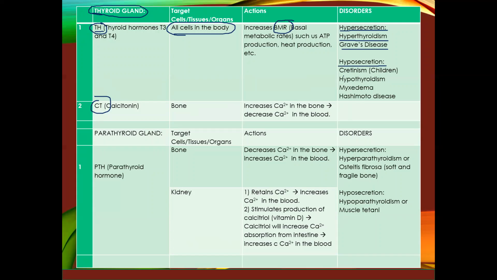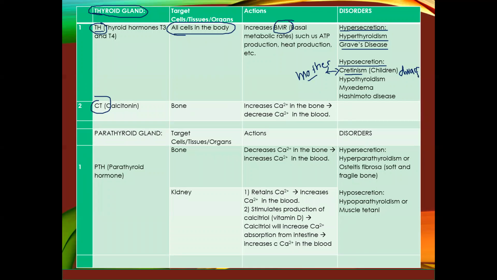If it is in children, and especially if this hyposecretion is happening to the mother during pregnancy, producing very little thyroid hormone, it will cause the baby to have what we call cretinism. The baby will be born with a smaller, shorter body, so it is dwarfism also.